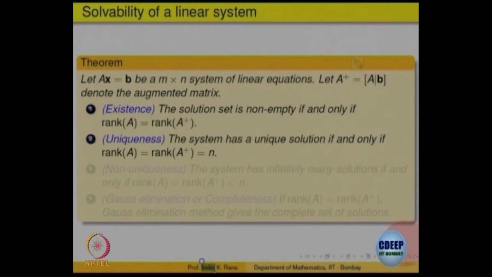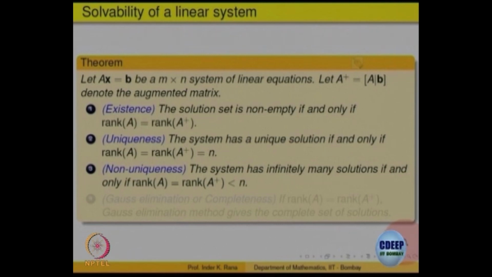Then there is a unique solution, and non-unique means there are an infinite number of solutions when the rank of A is equal to the rank of the augmented matrix. Once again consistency is there, but the rank is strictly less than the number of variables. The number of pivots is strictly less than the number of variables.